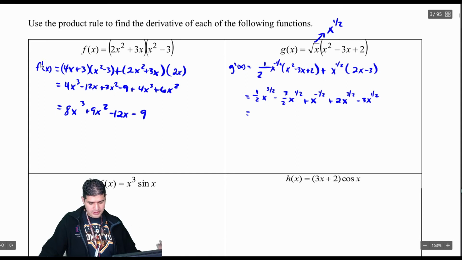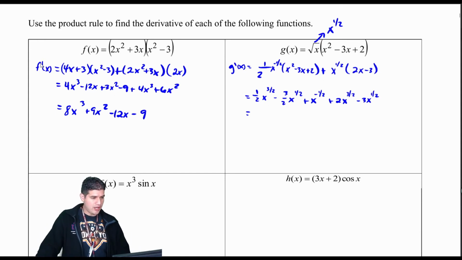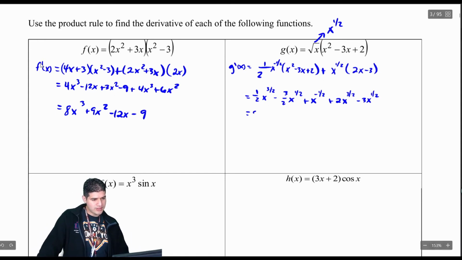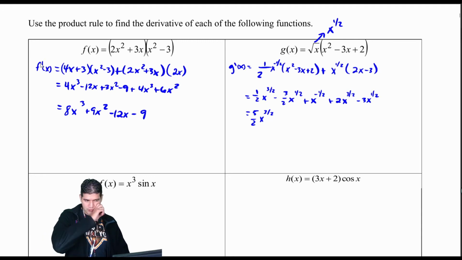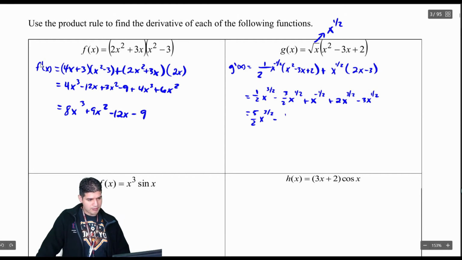All right, let us continue simplifying here. So 1/2 plus 2, that's going to get me 5/2 x to the 3/2. And then I've got these halves for exponents. So minus 3/2 minus 3, that's going to get me minus 9/2 x to the positive 1/2. And then lastly, I've got just this x to the negative 1/2, so plus x to the negative 1/2.